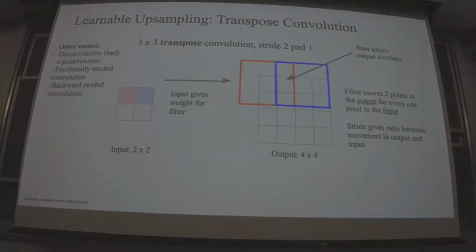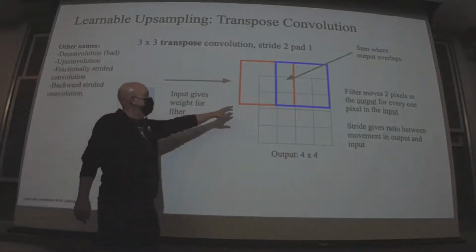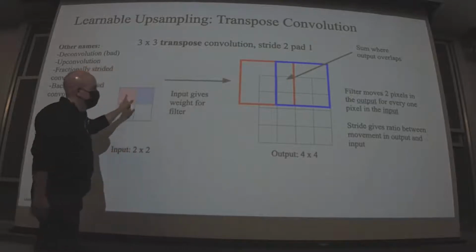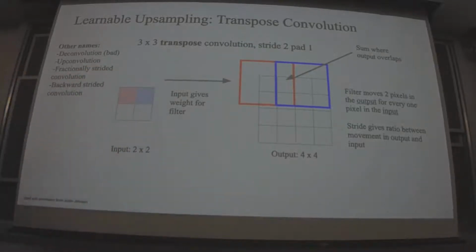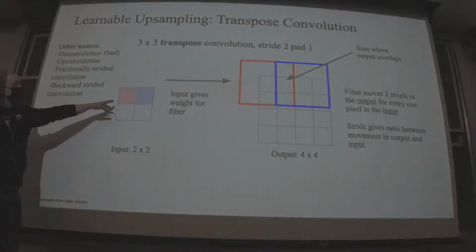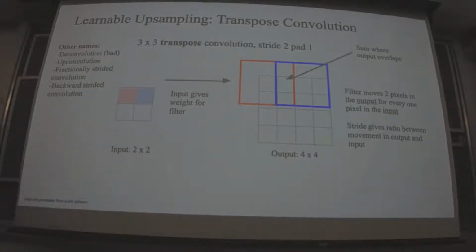You're literally learning to fill in these entries by learning weights and doing a very simple multiplication of the filter weights by the number here. Just notice transpose convolution also has a whole bunch of other names. Sometimes called deconvolution, but that's a bad name for it because it's not really deconvolving, even though it may feel like an opposite operation.